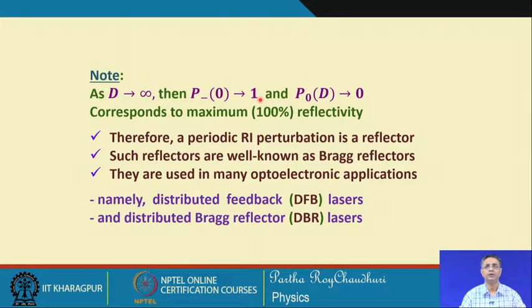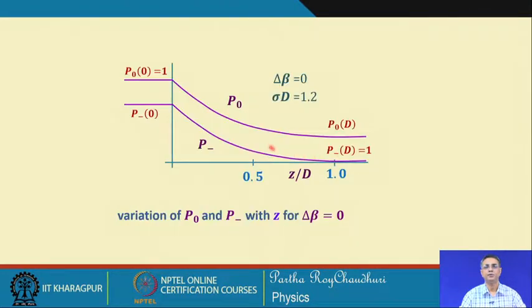That is what I mean: if you allow this coupling for a long length, there will be 100% Bragg reflection. We can treat this as if the wave was trying to travel across the acoustic wave, and the entire power will be reflected back if you allow the interaction length to be very large.